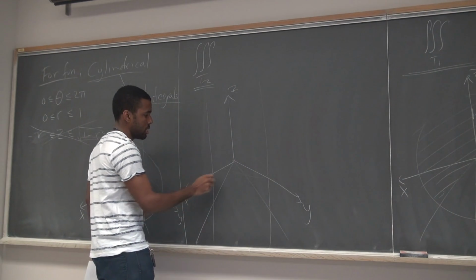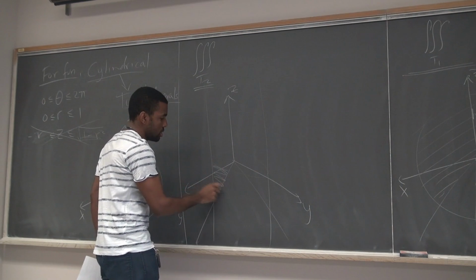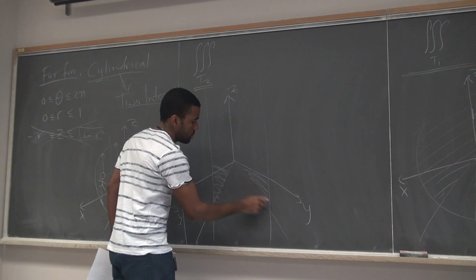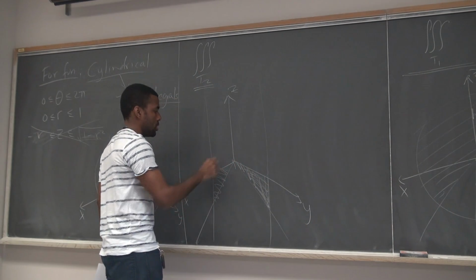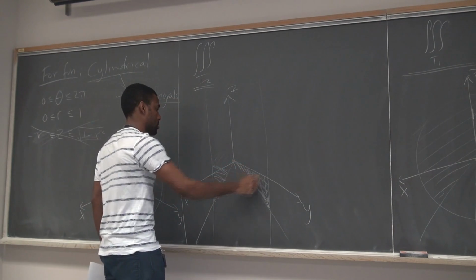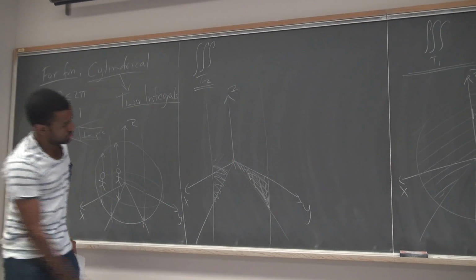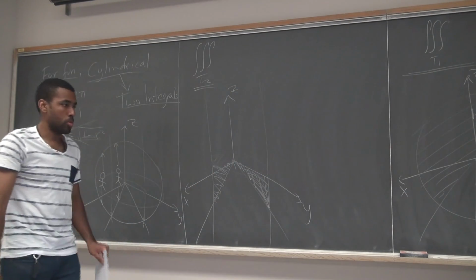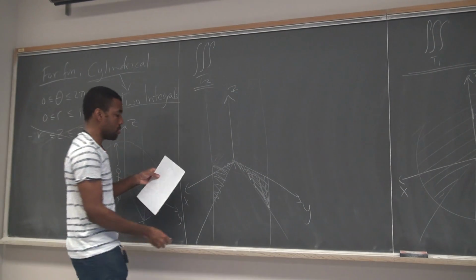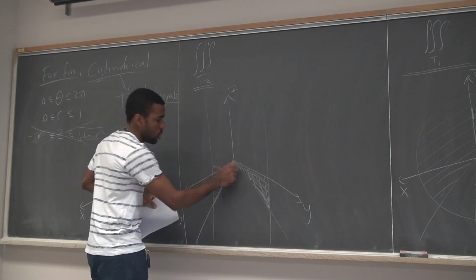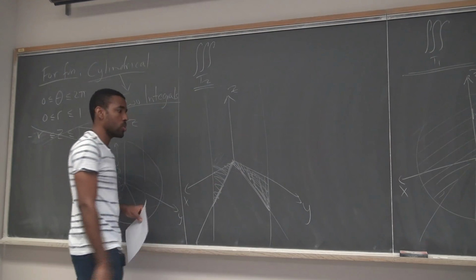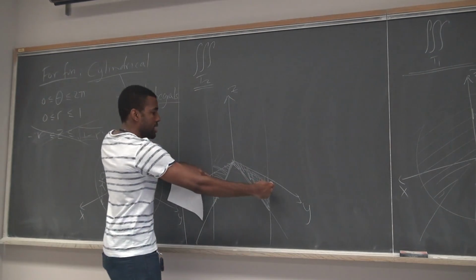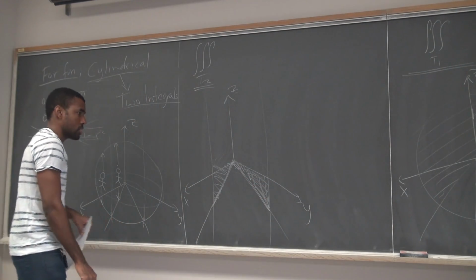I need to be below that. So basically, I'm going to be the area under here. Hopefully you saw that. So we are above this cone. The shaded region must be on top of the cone, but at the same time must be below the xy plane while contained inside the cylinder. So that's our shaded region.